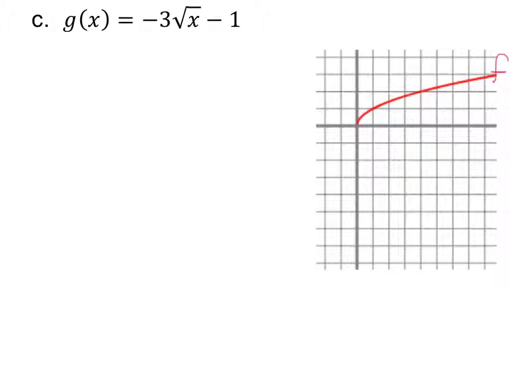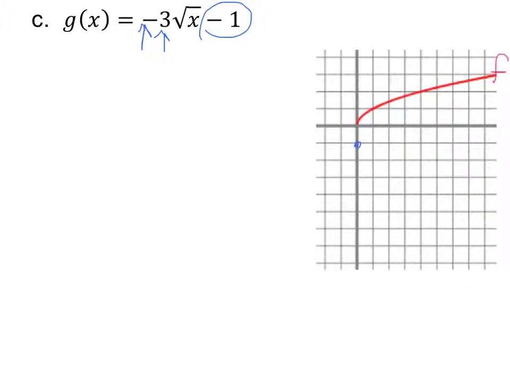When we look at c, we can see that 3 different things are happening to our parent function of square root of x. We have the 3 in front of the square root of x, which tells us that we are vertically stretching by a factor of 3. Because that's negative 3, we're going to reflect that across the x-axis, and then finally we have minus 1, which tells us we'll translate that down 1 unit.